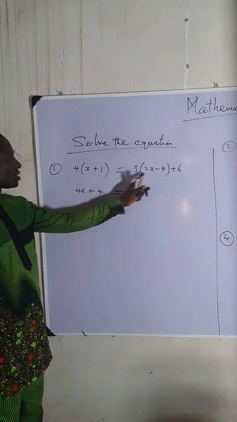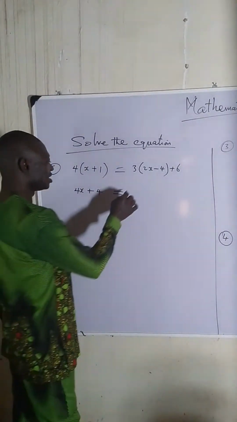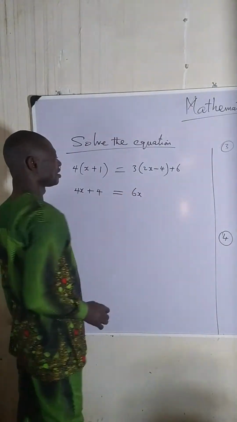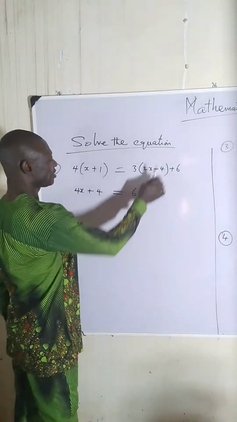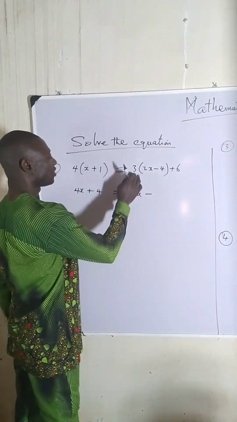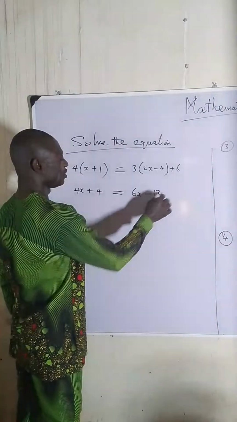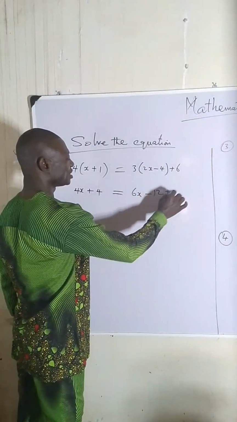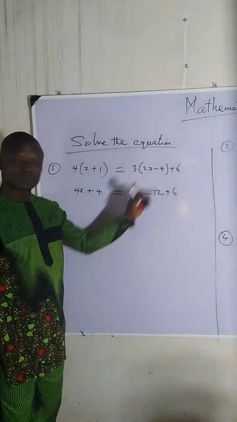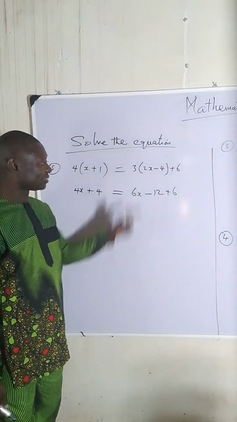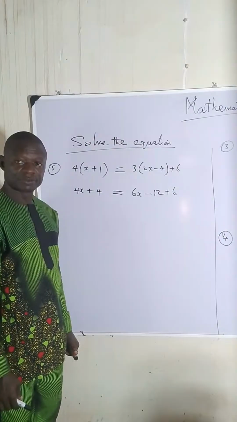And so 2 times 3x will give us 6x. Of course, plus times minus is minus, and 3 times 4 is 12. Then we bring in plus 6. Remember, because plus 6 is not inside the bracket, we don't multiply it with 3.